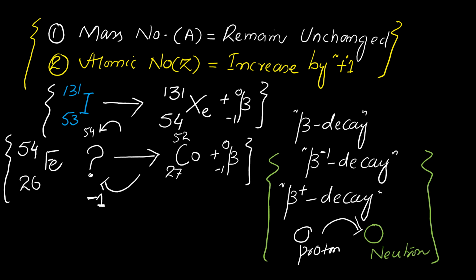Beta decay only happens in those nuclei which have more neutrons in them, and the greater amount of neutrons causes the instability of a parent nuclei, which results in the formation of a daughter nuclei.